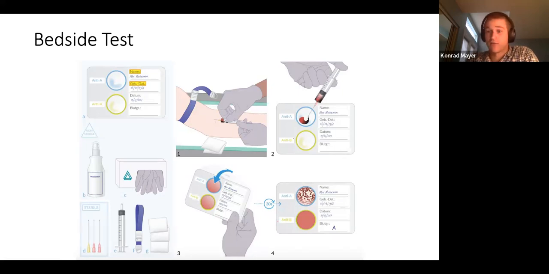There are various different forms of bedside tests. This is the one we use in Germany and is very popular. I like this diagram because it shows you what is happening. This is a sterile, regular blood draw.